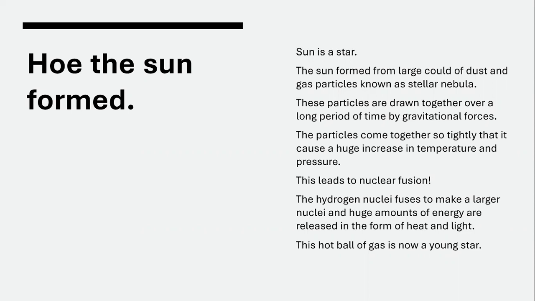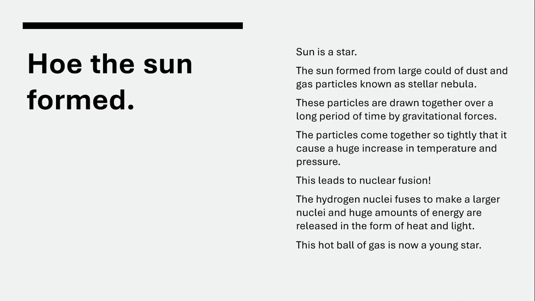At one point initially, the sun was just a large cloud of dust and gas particles. That's it. You had hydrogen, you had helium, and you had your dust. This cloud of dust was known as a stellar nebula.